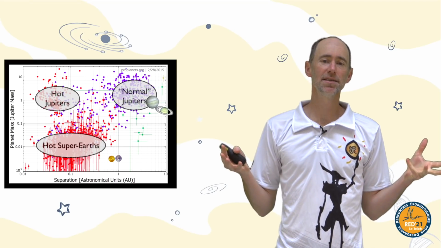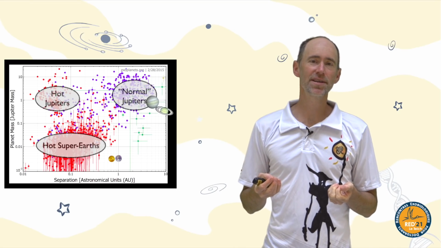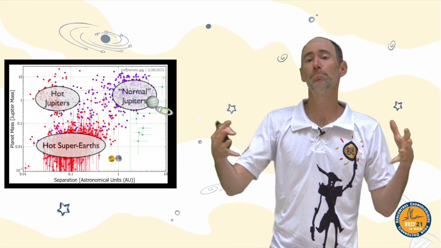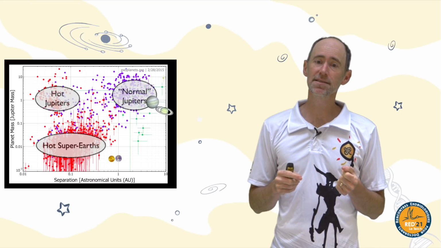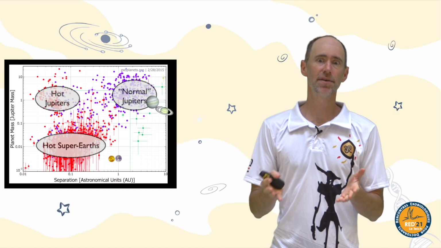Then at the bottom, there is this gigantic clump of what we call hot super Earths. They're also given other names. Sometimes they're called sub-Neptunes if you have a good constraint on just how puffy they are. This class of planets is very abundant. Something like 1/3 to 1/2 of all main sequence stars have a hot super Earth.